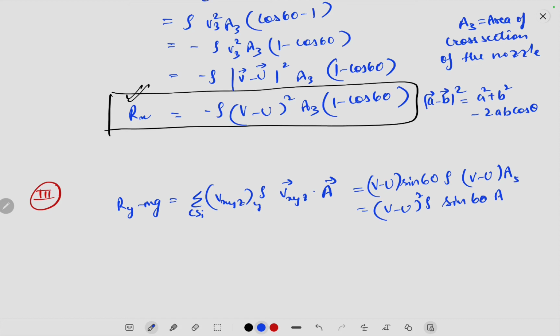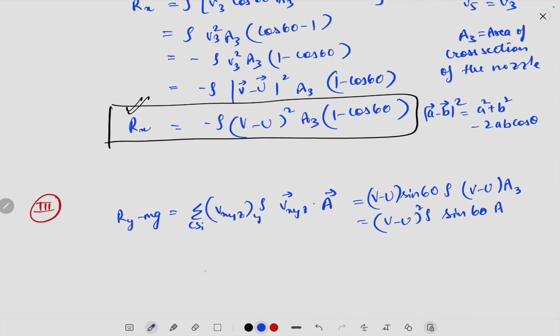Actually this was A5, and we just assumed that this A5 is equal to A3, and this A3 is the area of cross section of the nozzle. So we'll get Ry is equal to (v minus u) whole square rho sine 60 times A plus mg.